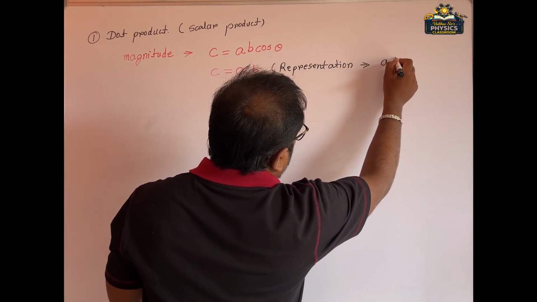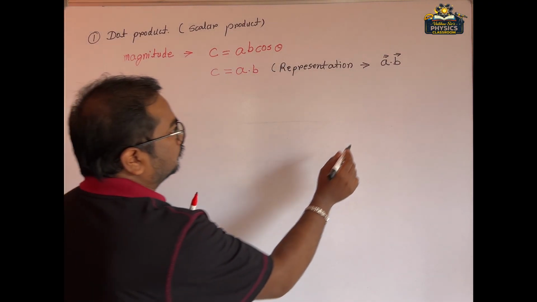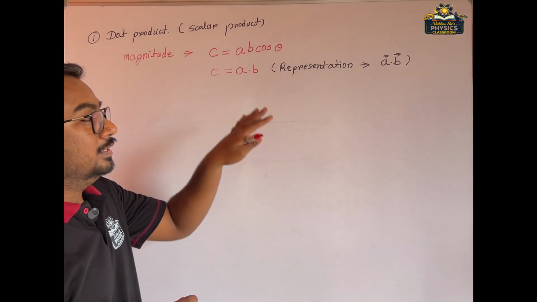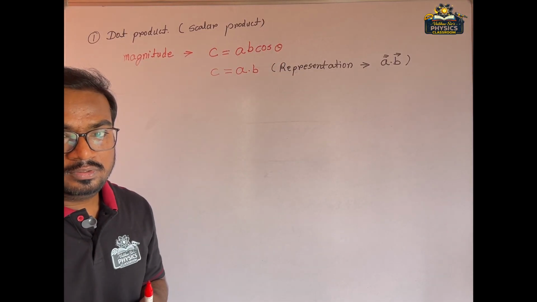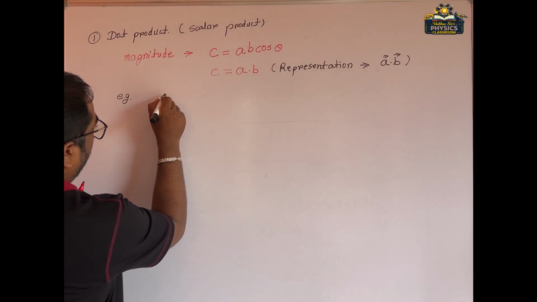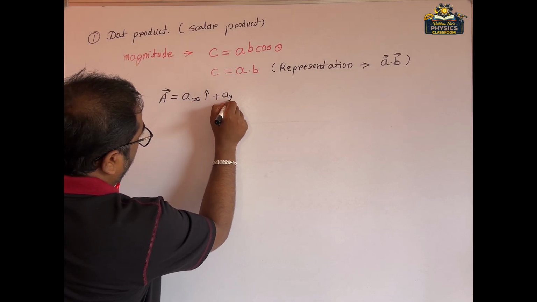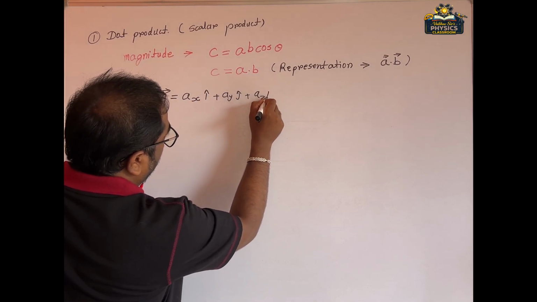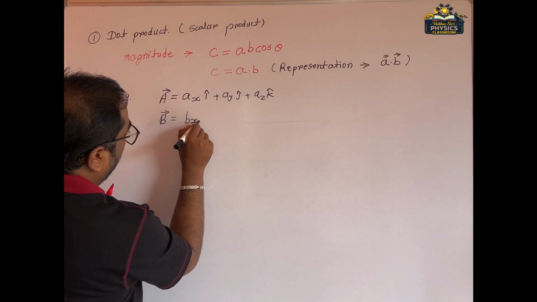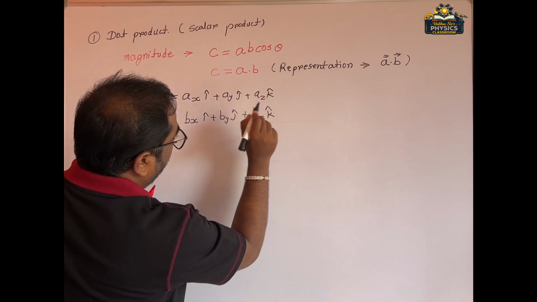Representation just like that, a dot b. Okay, so with the help of these, we can get the magnitude. If I take the example, a vector a x i cap plus a y j cap plus a z k cap, and we have another vector b, bx i cap plus by j cap plus bz k cap.